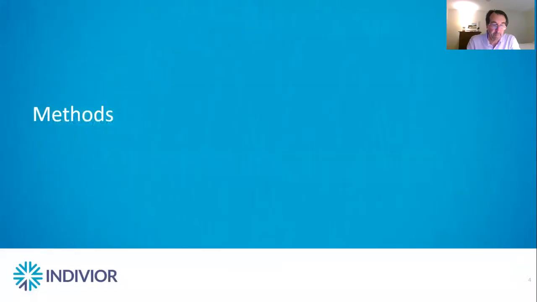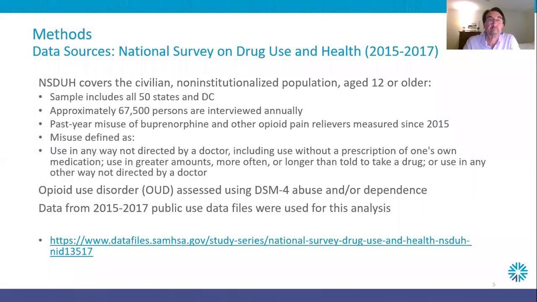Now we'll talk a little bit about the methods in each of these studies. The NSDUH provides estimates of the prevalence of drug use and misuse in the civilian, non-institutionalized US population age 12 and older. Each year, data from approximately 67,000 people across all 50 states and DC are interviewed, and this provides estimates for the nation and each state as well for the prevalence of drug use.